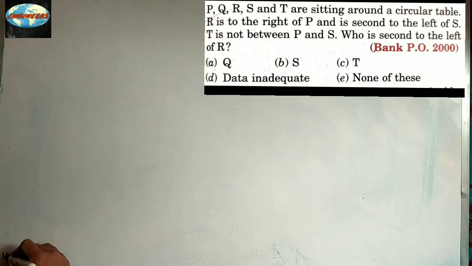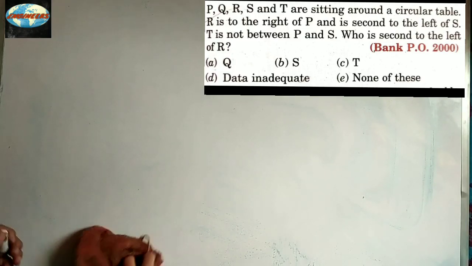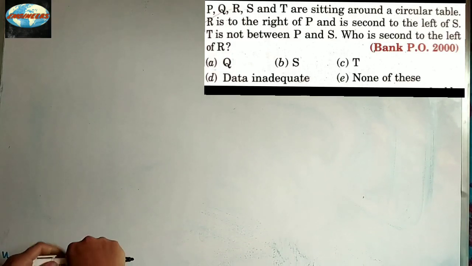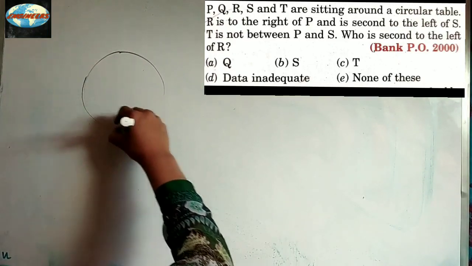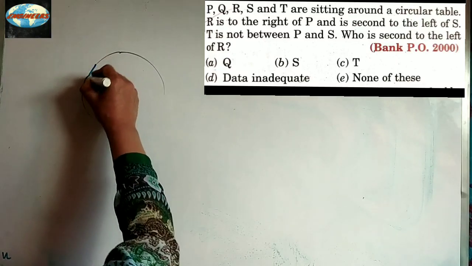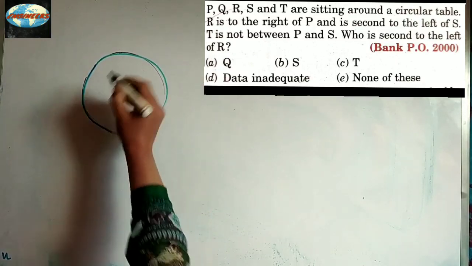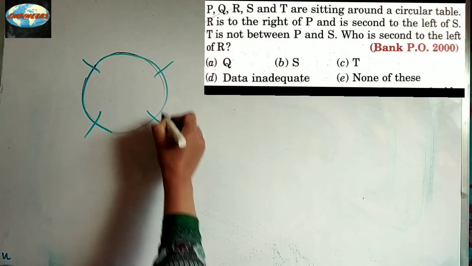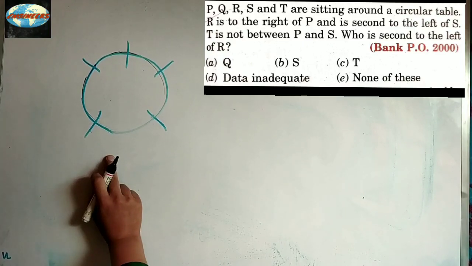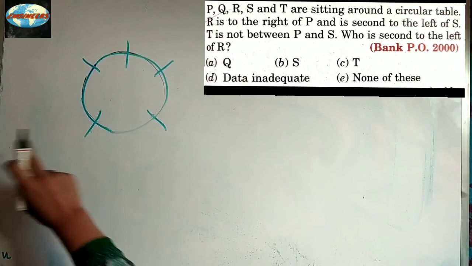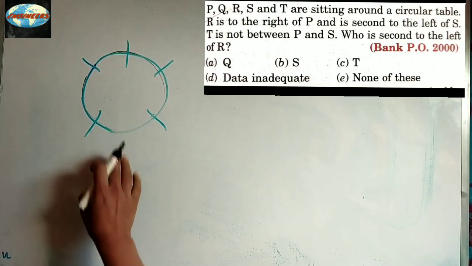P, Q, R, S, T are sitting around a circular table. R is to the right of P. See here we don't have the concept of facing center or facing away.